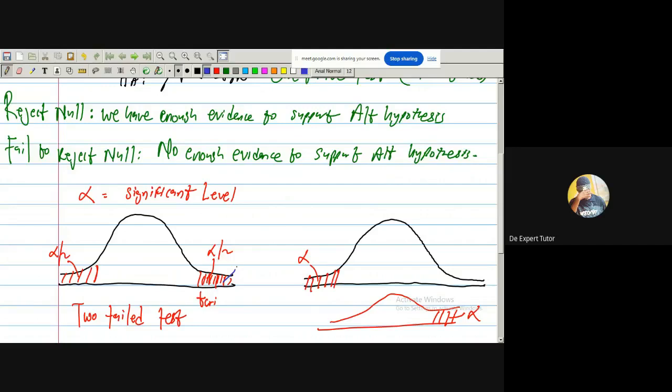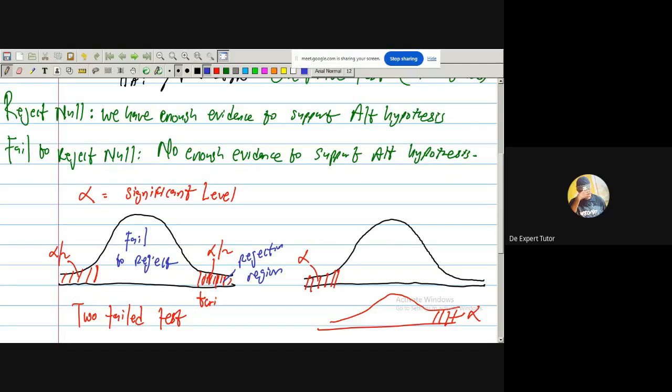Put it in your mind as the rejection region. Whenever your T value enters this part, you are going to reject immediately. But if it is here, you will fail to reject.